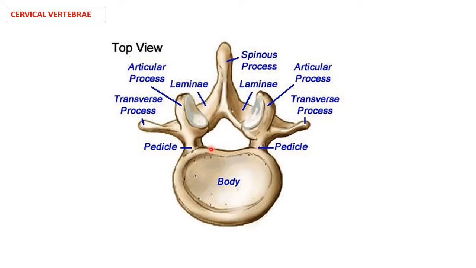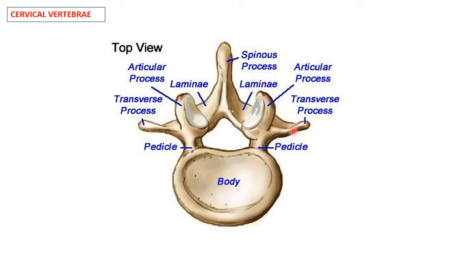There are two pedicles directed posterolaterally and two laminae directed posteromedially, and the two laminae unite to form the spinous process. They have two lateral processes placed transversely.